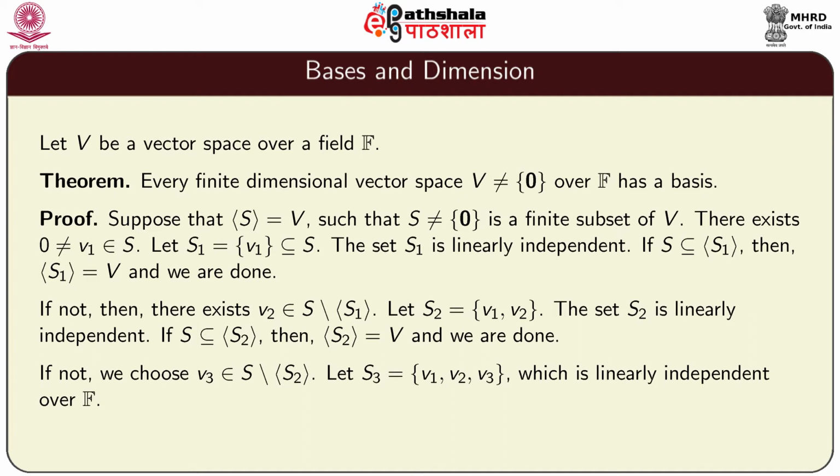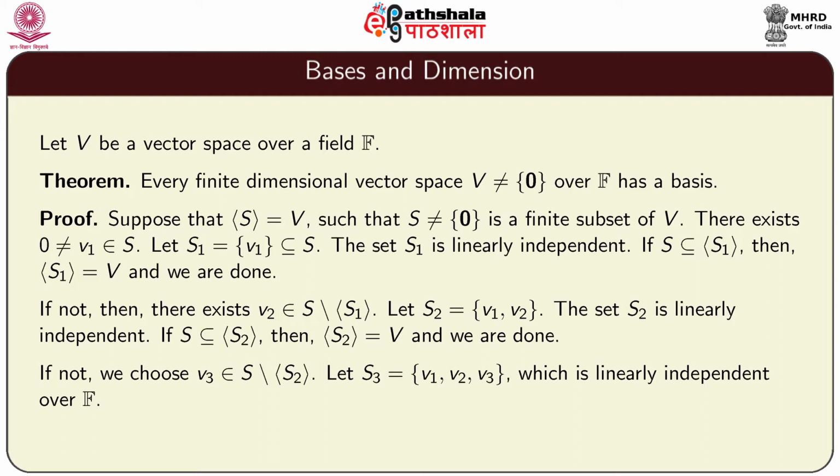If that is the case, then S being a spanning set of V and S sitting inside the span of S1, we surely have that S1 spans V, and then we are done, because S1 is linearly independent and it spans V, therefore, S1 is our desired basis.